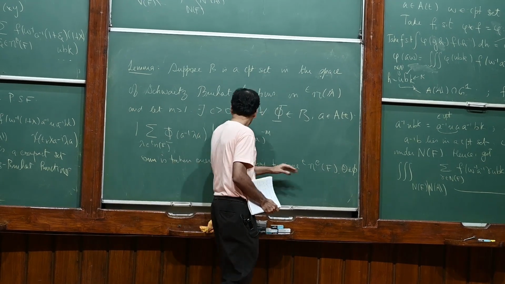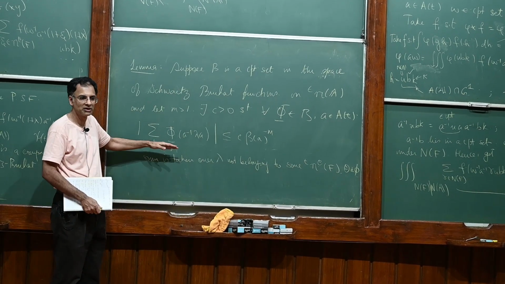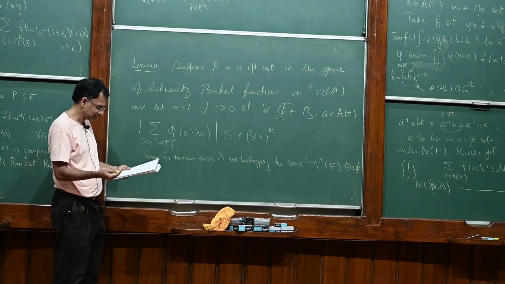If it belongs to one of these things, it doesn't occur in the sum; you take only the others and you can estimate this.